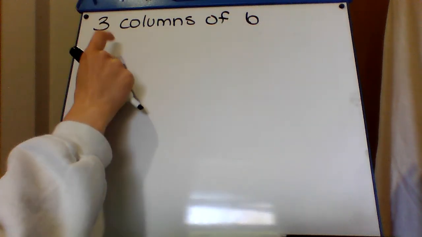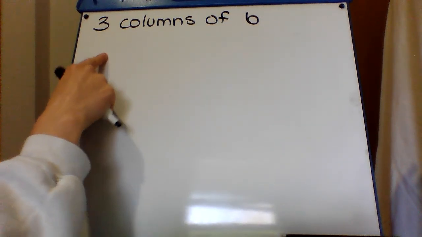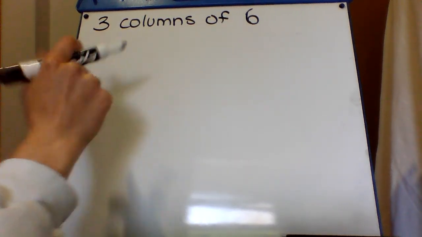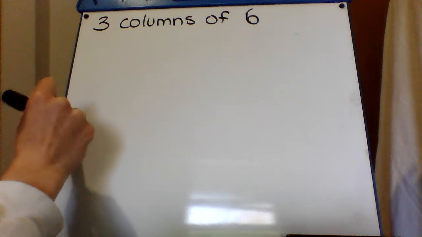So this is yours. 3 columns of 6. That's what you will be drawing. And you're going to draw that. And then I want you to answer this.